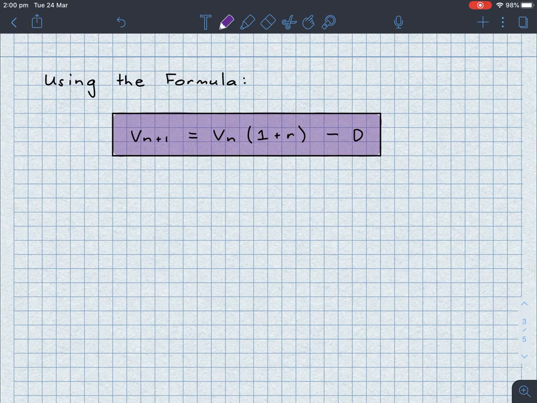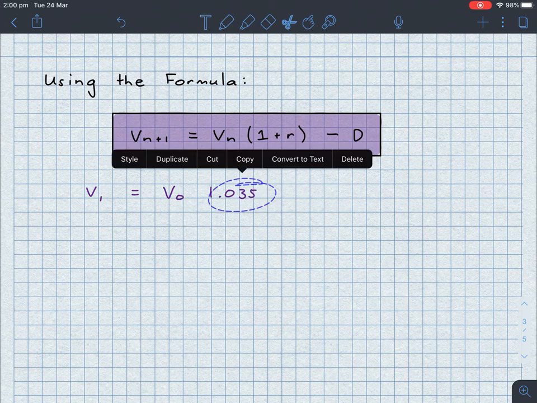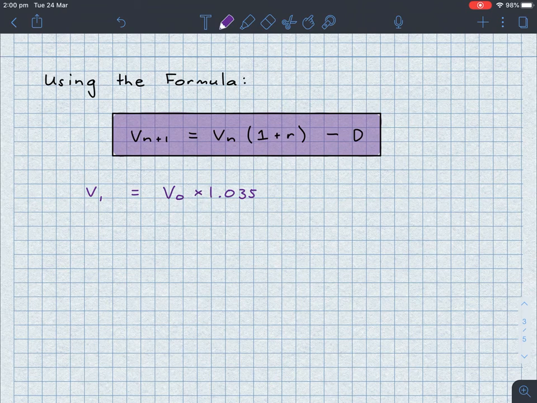Using the formula, very similar to what we did with the superannuation account. For the first year, so the value at the end of year 1, it's going to be equal to the value at the very start times by 1 plus the interest rate is 0.035, but again, I'm just going to write that as 1.035. And then we're going to take away $20,000.